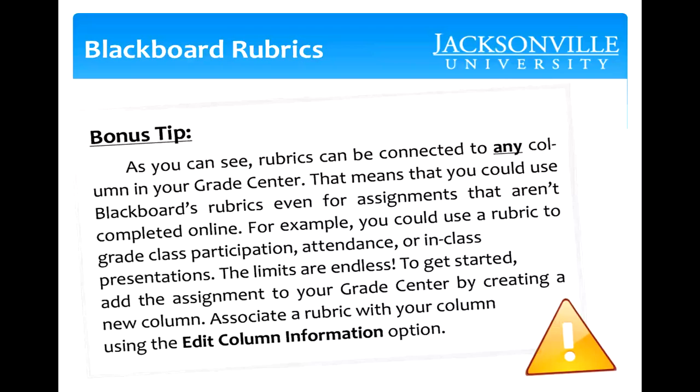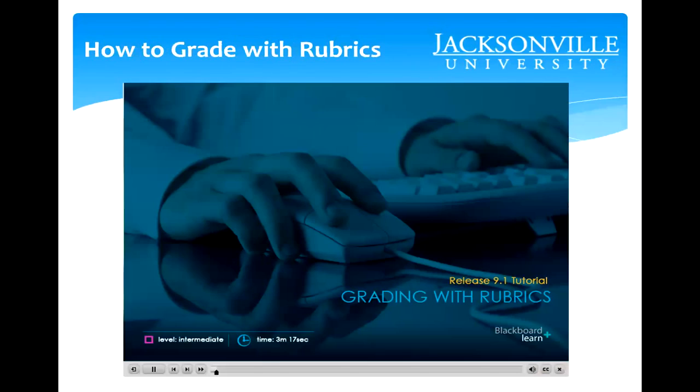You don't have to have an item built into Blackboard to be associated to a rubric. You could just go to the grade center and add a column for attendance, for example, or for an in-class presentation, by creating a new column. Associate the rubric with your column using the edit column information option, and that way you'll be able to use it, right?